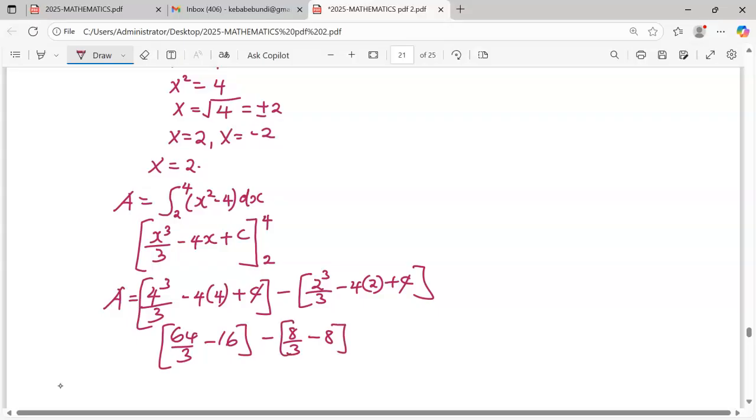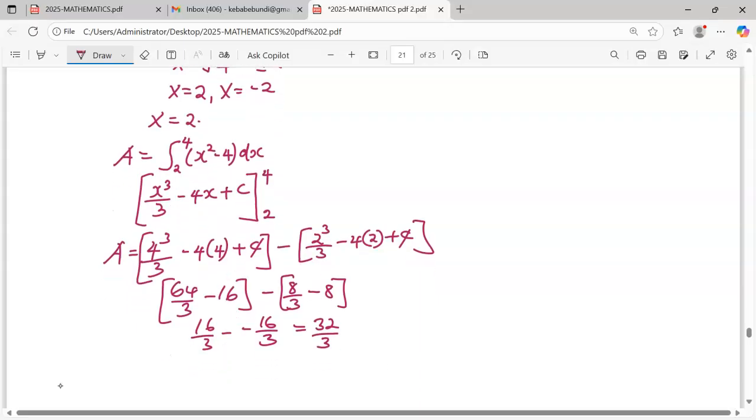So 64 over 3 minus 16 will give us 16 over 3, minus 8 over 3 minus 8 will give us negative 16 over 3. Minus minus will give you a plus, so 16 over 3 plus 16 over 3 will give us 32 over 3. This is going to give an answer equivalent to 10 and 2/3 square units.